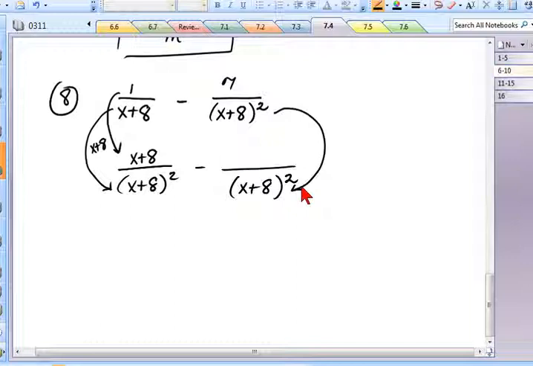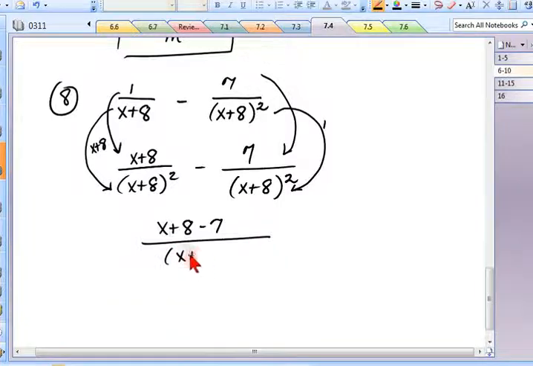Second fraction. What do I have to multiply x plus 8 squared by to get x plus 8 squared? 1. So multiply the top by 1, and it's going to be a 7. It is, by the way, a subtracted 7. So I have x plus 8 minus 7 all over x plus 8 quantity squared.